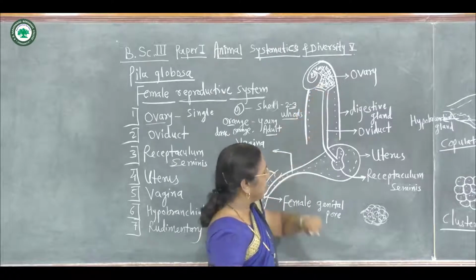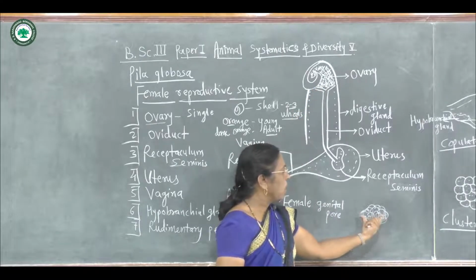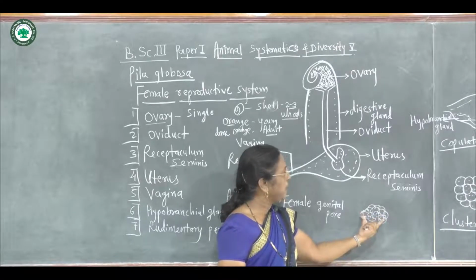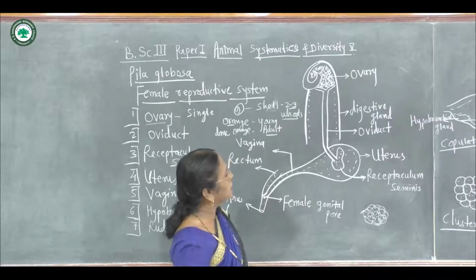The ovary shows a number of branches, and all these rounded, globular parts join internally and form a network.